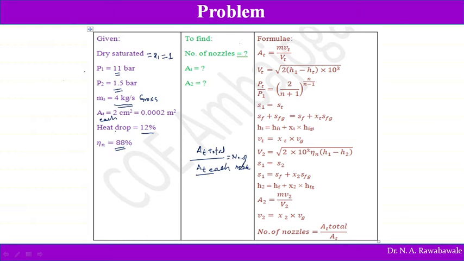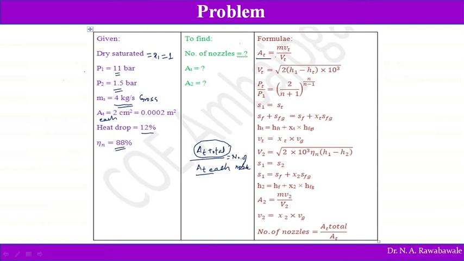The area of each nozzle is given. If we can find the total area at throat and divide it by the area at throat of each nozzle, we get the number of nozzles. So our aim is to find the total area at throat.